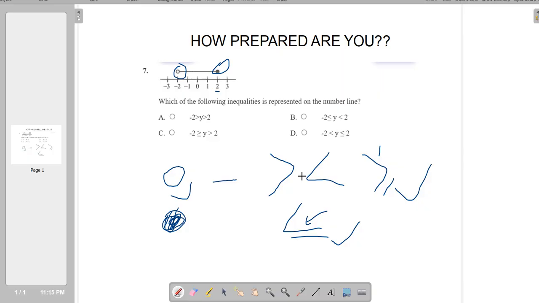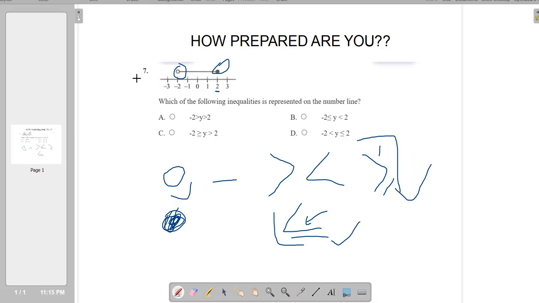So for the circle that is shaded, whatever sign defines that range, it must include the equal to, it must be either this or this. Now with that knowledge alone, we can quickly eliminate some options from this objective exam.